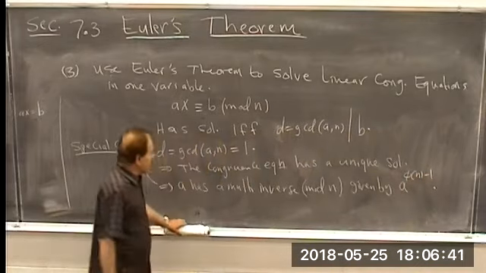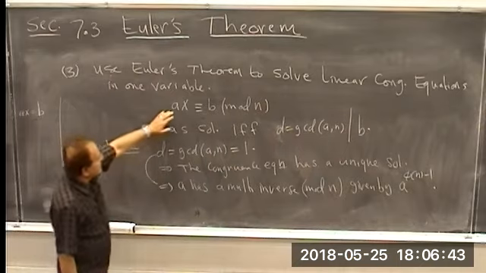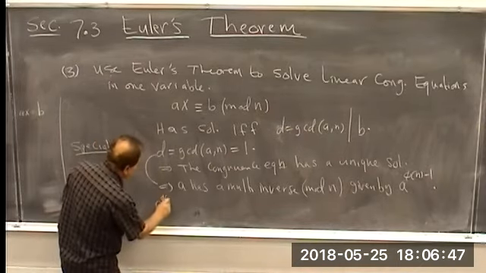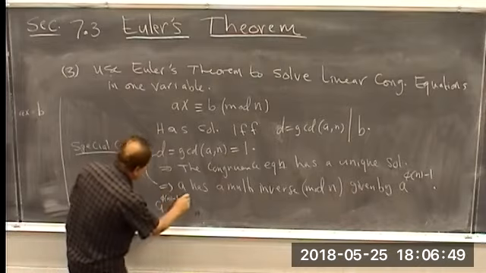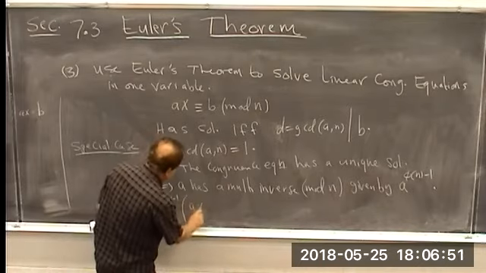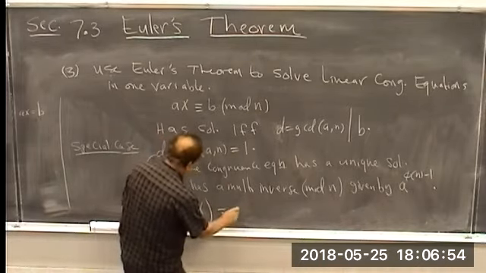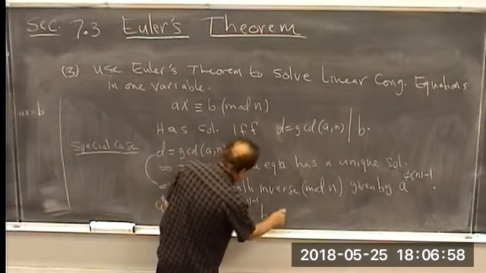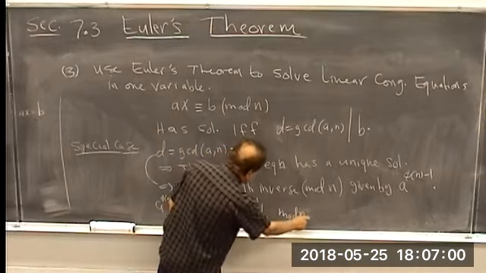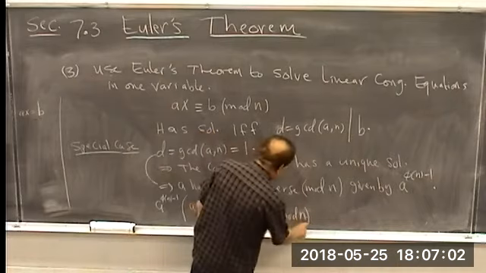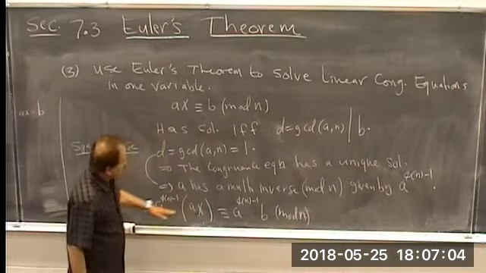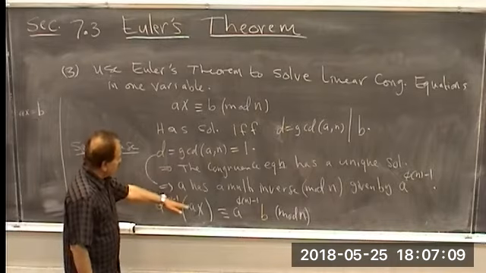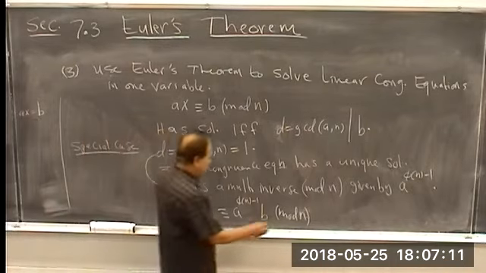So if I multiply both sides of this equation, ax equals b, by a to the phi of n minus 1 mod n, the left side is going to give me 1 by Euler's theorem, and then we get a solution.